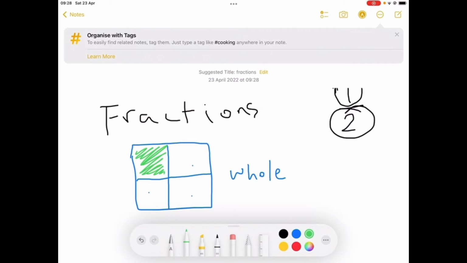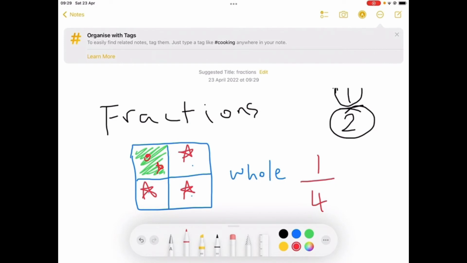Well, it is 1 out of 4 parts. 1, 2, 3, 4. This means that we write the portion fraction as 1 over 4, which is equal to 1/4.